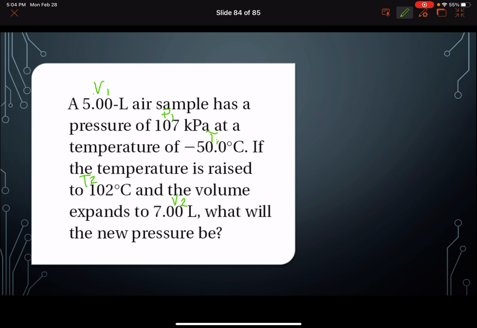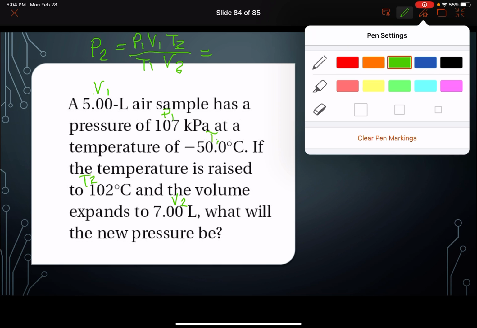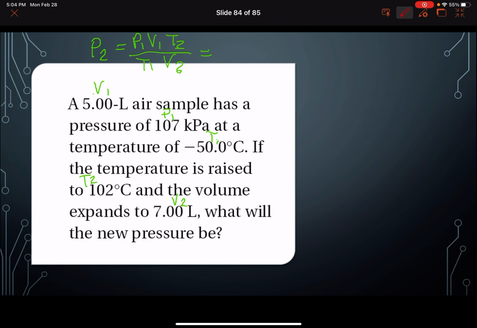Okay, so it is pressure 2 equals pressure 1, volume 1, temperature 2, all over temperature 1 times volume 2. I'm going to go change this to red, and we're going to substitute in. We're going to go down here at the bottom of the slide.